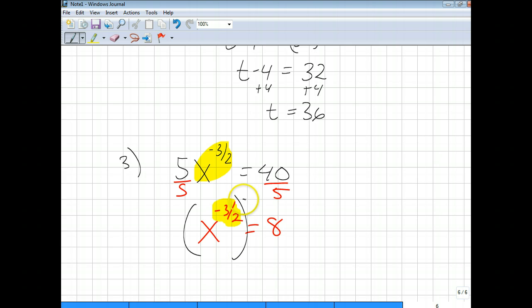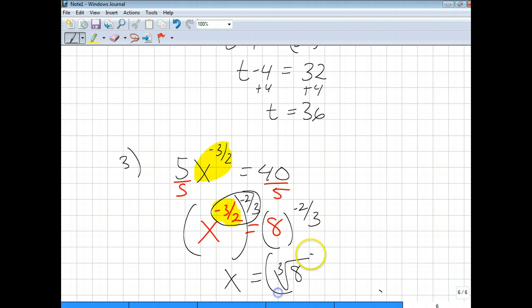The reciprocal would be negative 2 over 3. So this is going to be negative 2 over 3. These two multiply together to give us 1. And then this is the cube root of 8 to the negative 2. Cube root of 8 is 2. So that's going to be 2 to the negative 2, which is 1 over 2 squared, or 1/4. So our solution is 1/4.